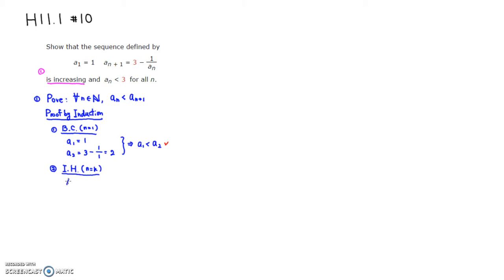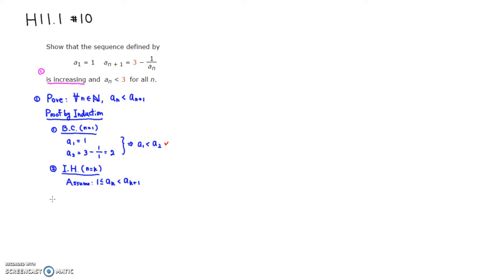So we assume that a_k is less than a_(k+1). Here's the assumption. Another thing we can assume, since a_1 is 1 and we're trying to show that it's increasing, is that a_k is greater than or equal to 1.